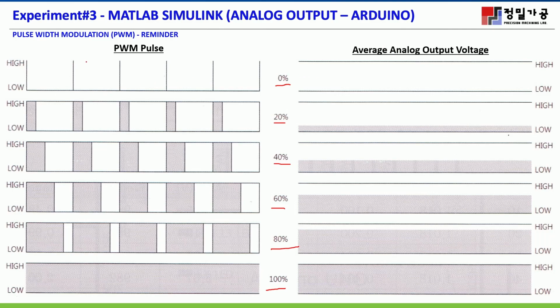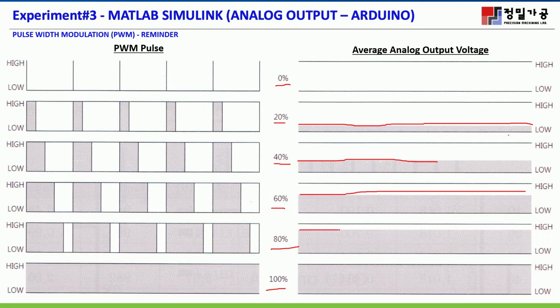Typically, when you use 0%, the analog output voltage is 0, and at 20%, the average value is at this level, about 40% at this level, 60% at this level, 80% at this level, and 100% is the maximum level, 5 volts.